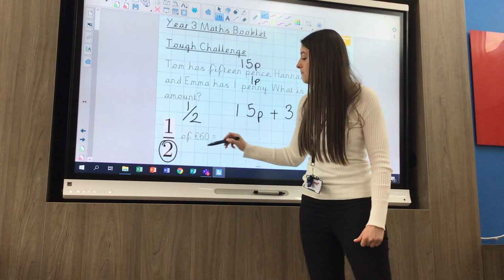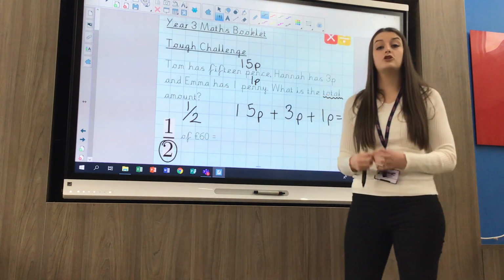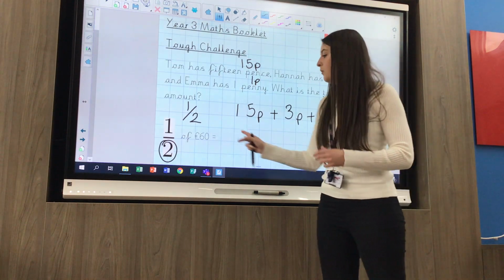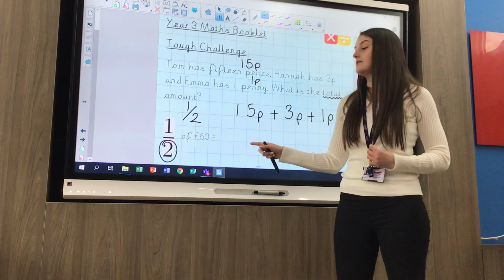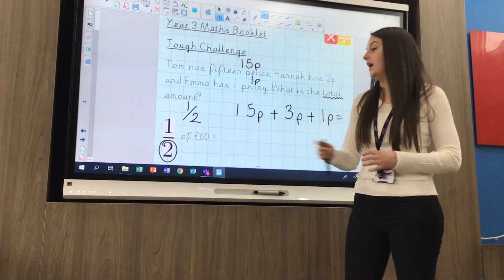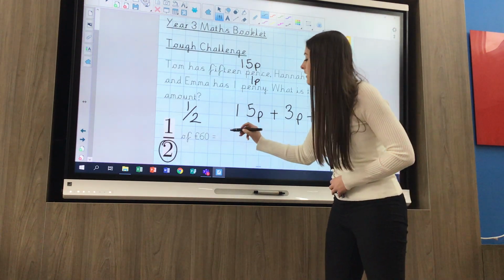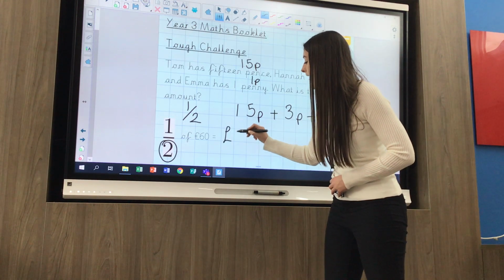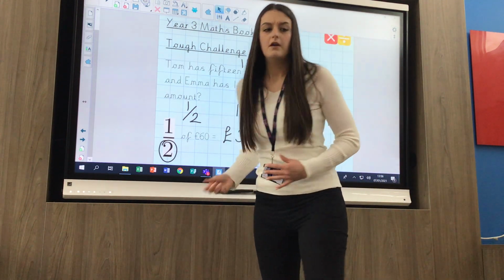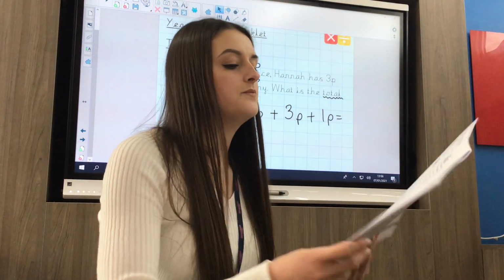So it's asking me to split £60 into 2 equal groups, or half 60. Now we know that half of 60 is 30. So if I double 30, I will get 60. So £30.